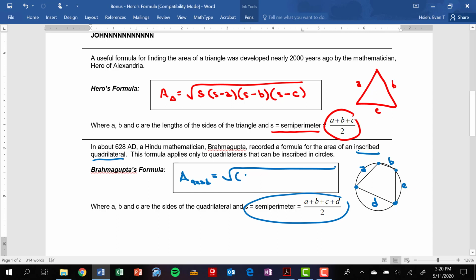It's going to be the semi-perimeter minus the first side times the semi-perimeter minus the second side times the semi-perimeter minus the third side times the semi-perimeter minus the fourth side. It's going to be the square root of all of that. And that would be how you would find the area of a cyclic quadrilateral. I'm going to flip over to the other side right now and go through just a few problems.